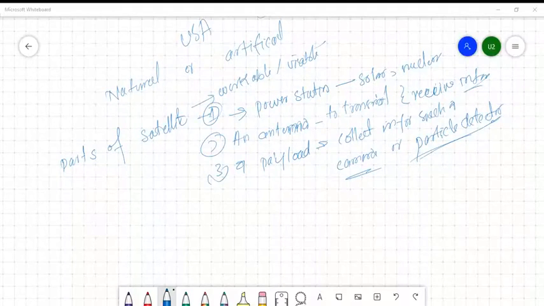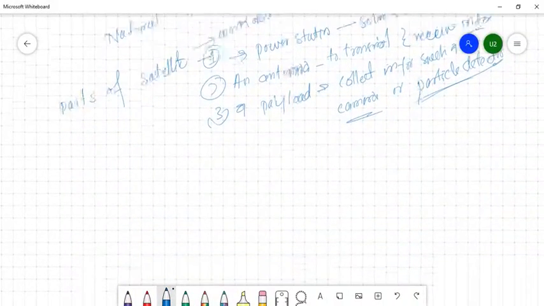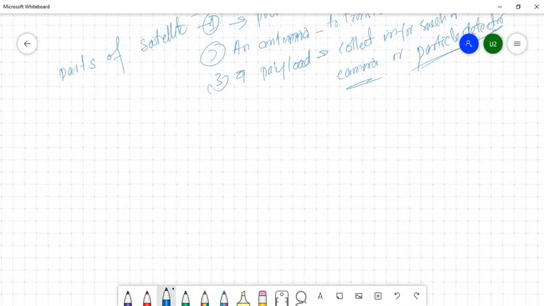All right. Now we are going to discuss how a satellite works. So it is the function of a satellite.